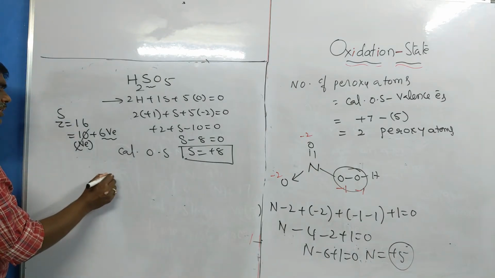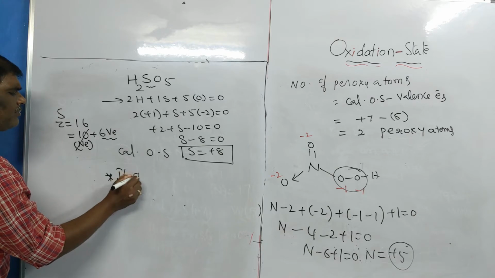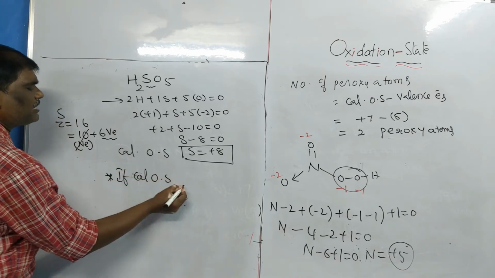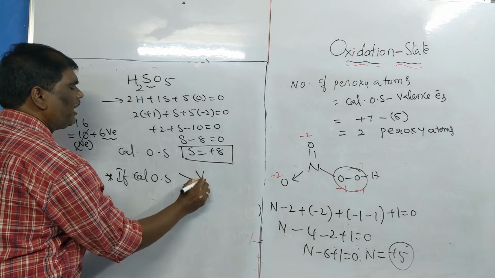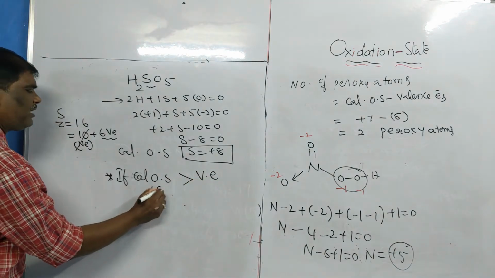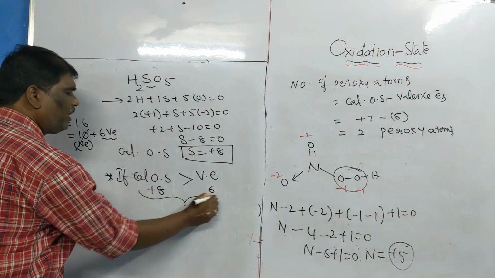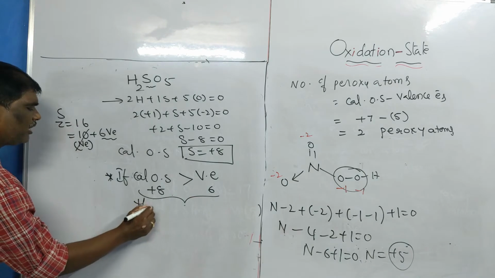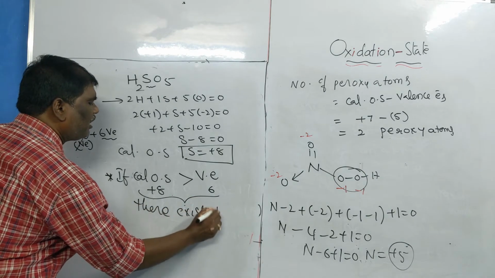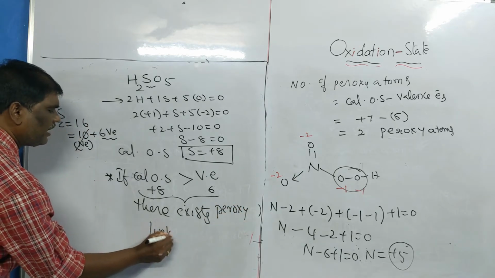Whenever the calculated oxidation state is more than valence electrons, calculated is +8, valence electrons are 6, so it is dominating. So we say there exists peroxy linkage.